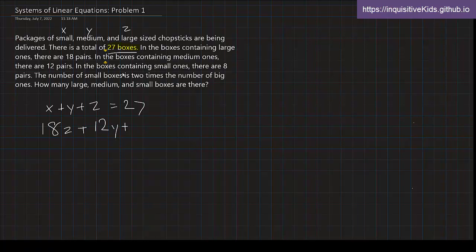Plus, there are 8 pairs in the boxes containing small ones, so that's plus 8X. And there is a total of 330 pairs. Sorry, I forgot to type that in. Equal to 330 pairs.